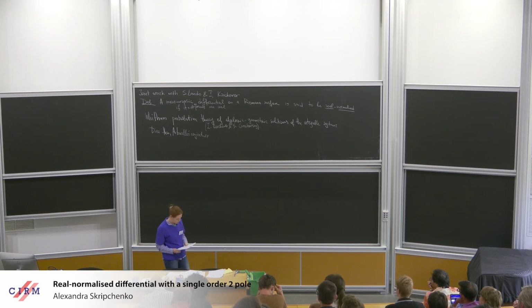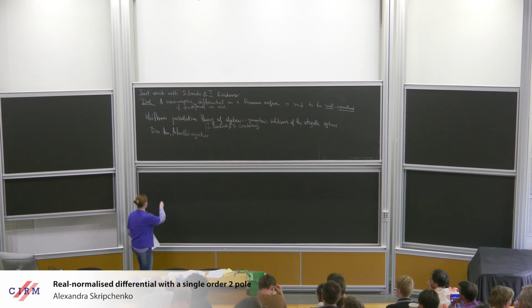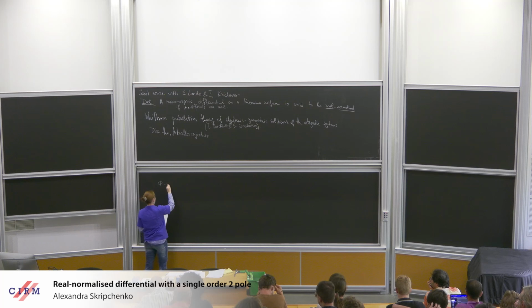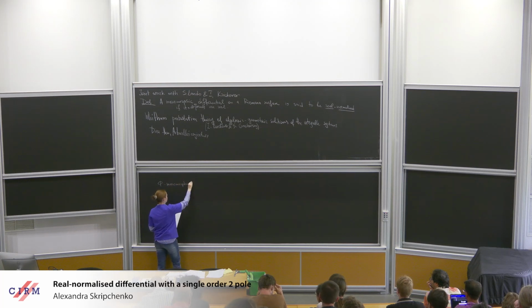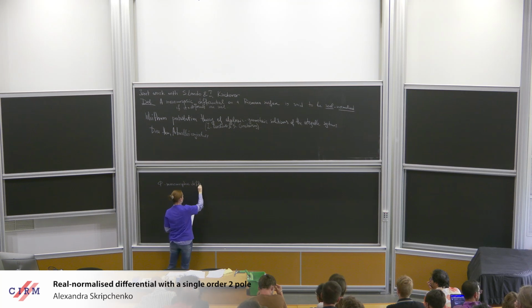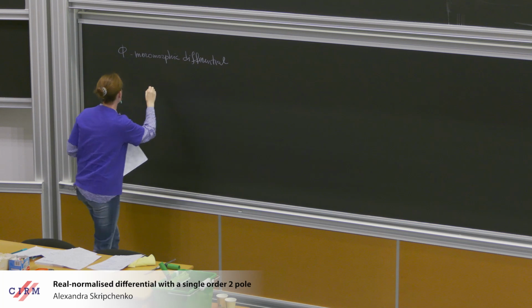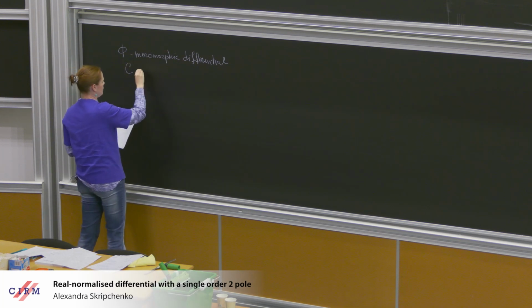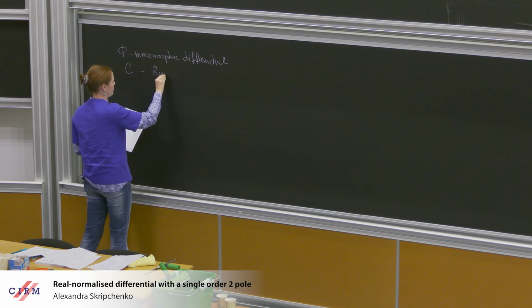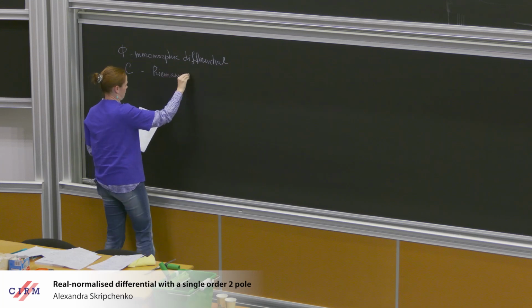And we will do the following thing. So this is our differential. I will call my surface C, and C will be a Riemann surface of genus g.